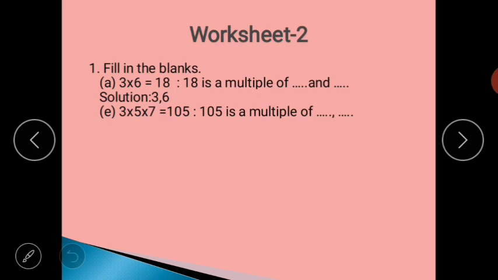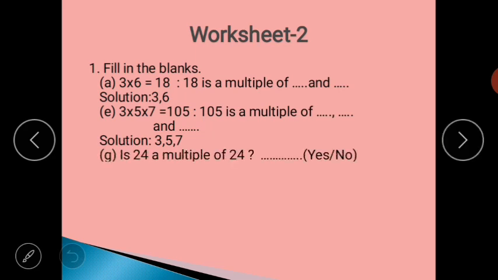As I have taught you in question number A that the numbers 3 and 6 both are factors of 18, likewise in question number E we can say that 3, 5 and 7 are all multiplied with each other, and so 105 is a multiple of 3, 5 and 7. So our answer is 3, 5 and 7.